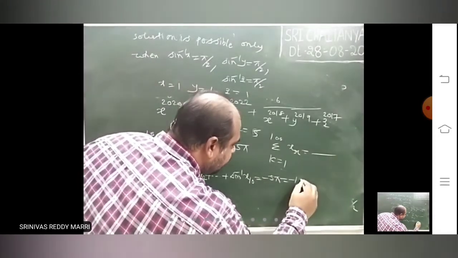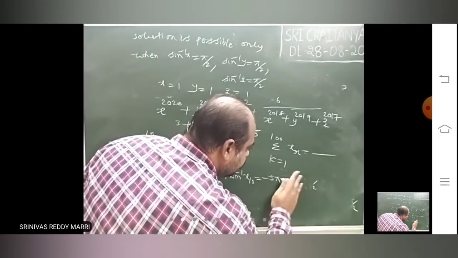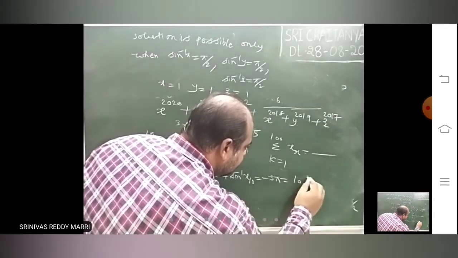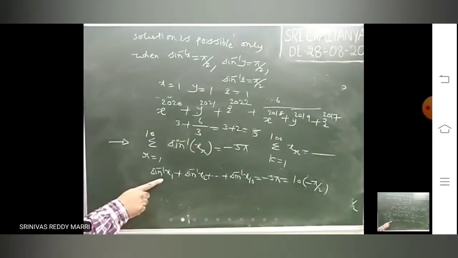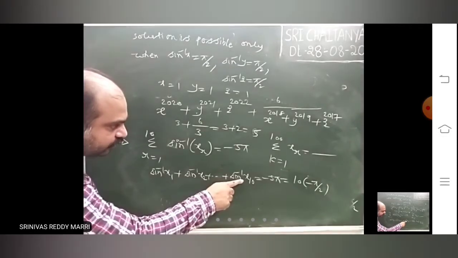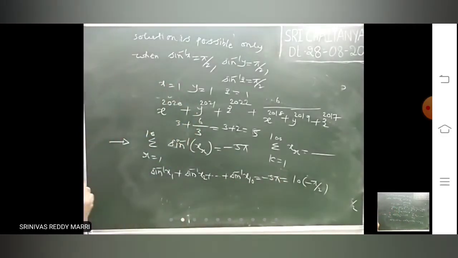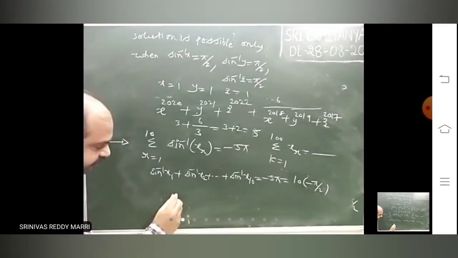So this is nothing but minus 10 into pi by 2. Look, I am writing like this: 10 into minus pi by 2. That means the minimum value of this is what? Minus pi by 2, minus pi by 2, minus pi by 2. 10 into minus pi by 2 is given. This is possible only when all the terms are minimum.